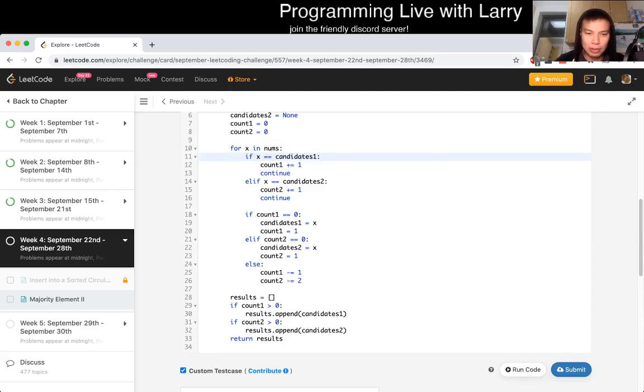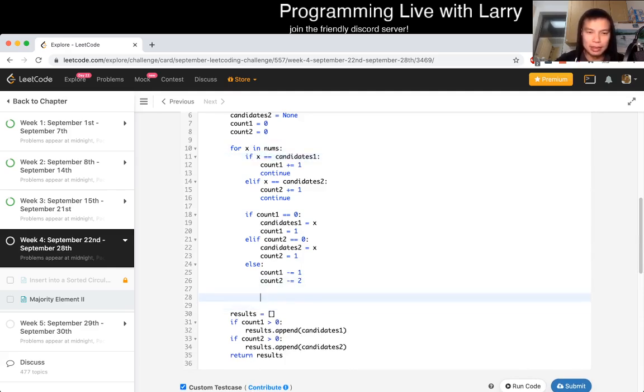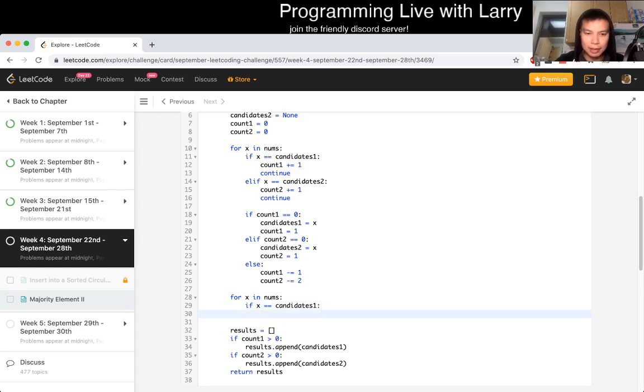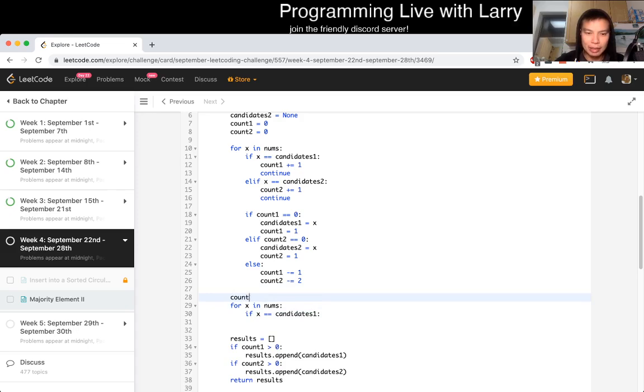So let's do a for loop again, for x in nums. If x is equal to candidate 1, let's reset the count real quick. I think that should be okay.